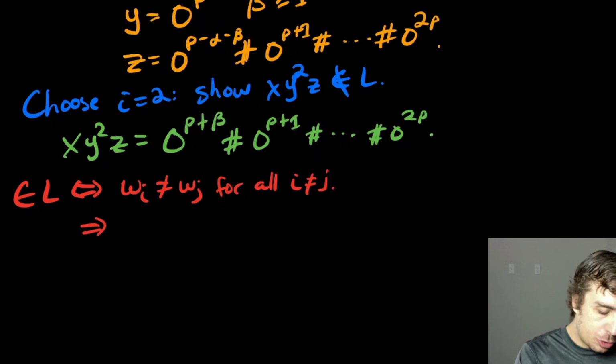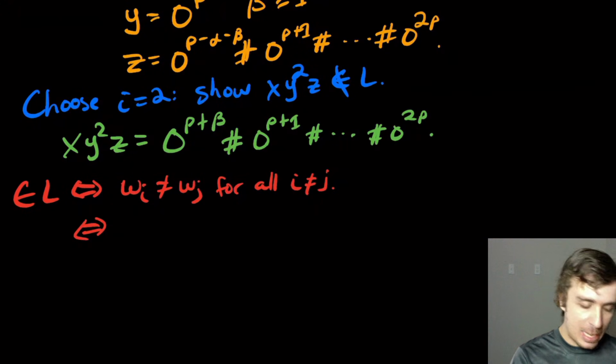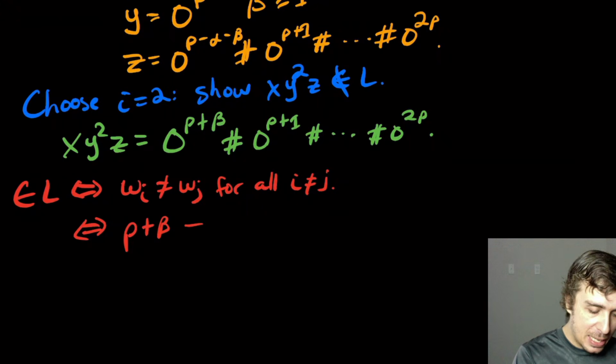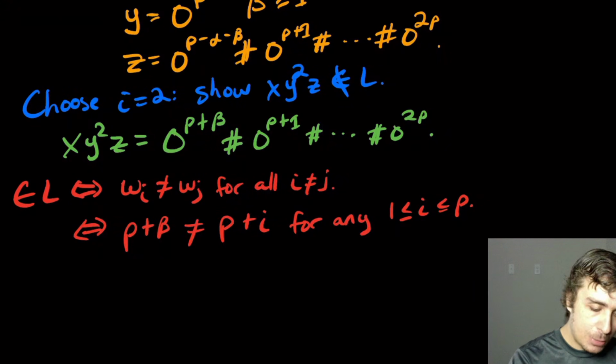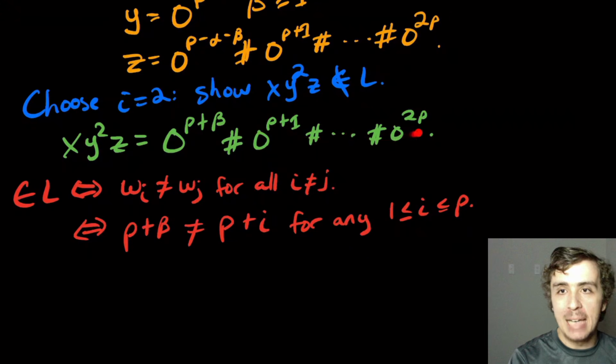So this is in L if and only if P plus beta is not equal to P plus i for any i between 1 and P. I'm just encoding how many more I add to the initial P that I have. I started with 1, which is right here, and ended up with P, which is this one here.